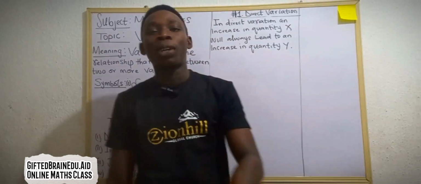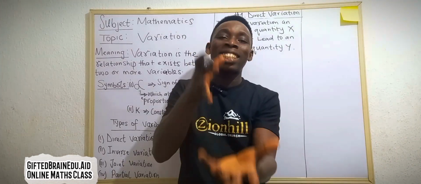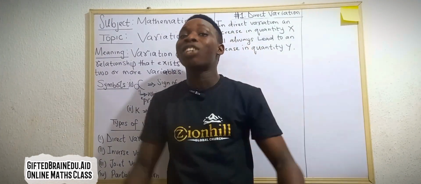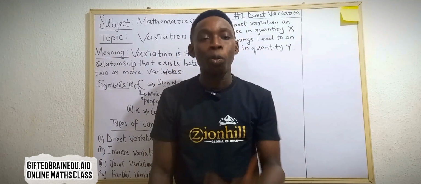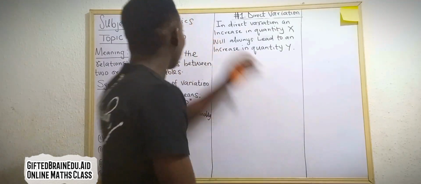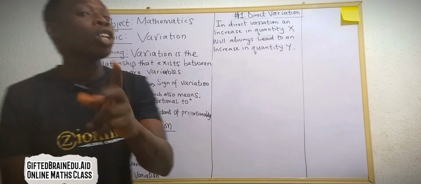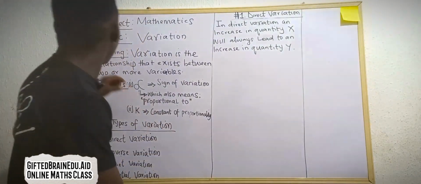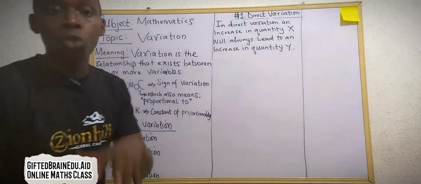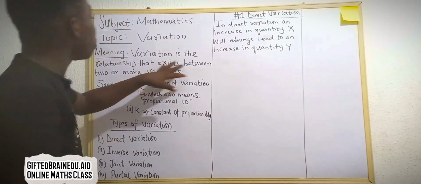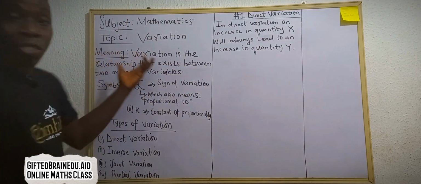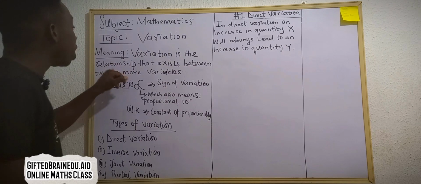In today's class, we are going to be examining one of the most interesting topics in mathematics, which is called variation. But before we go into variation, we are going to look at the meaning of the word variation. Variation simply means, according to my definition here on the board, variation is the relationship.